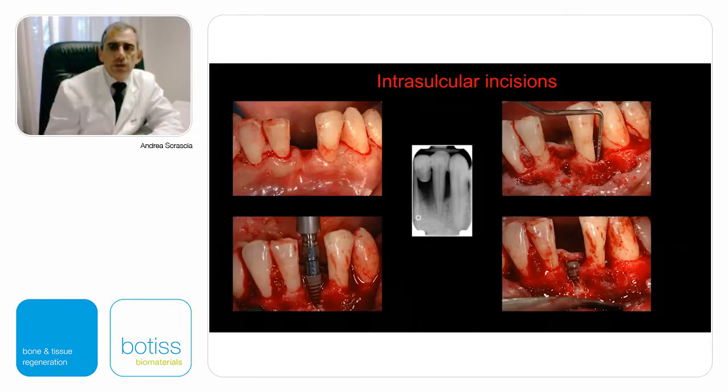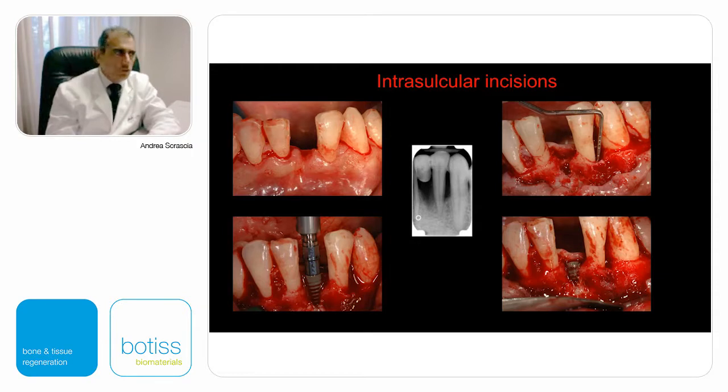Other clinical cases for intrasulcular incision: a 45-year-old patient with aggressive localized periodontitis was treated with periodontal therapy. Once patient compliance was in place, we could proceed to insert the implant in area 3.1 alongside a regenerative technique with Endogain for the intrabony defect at the distal wall of 3.2.